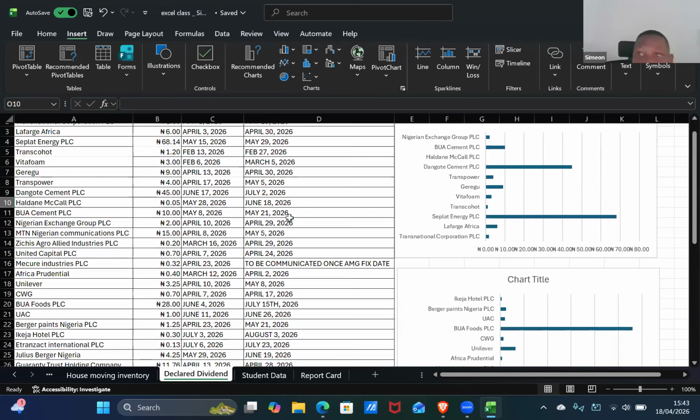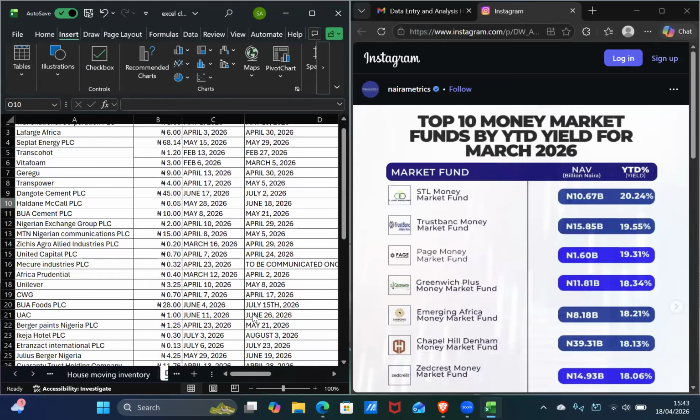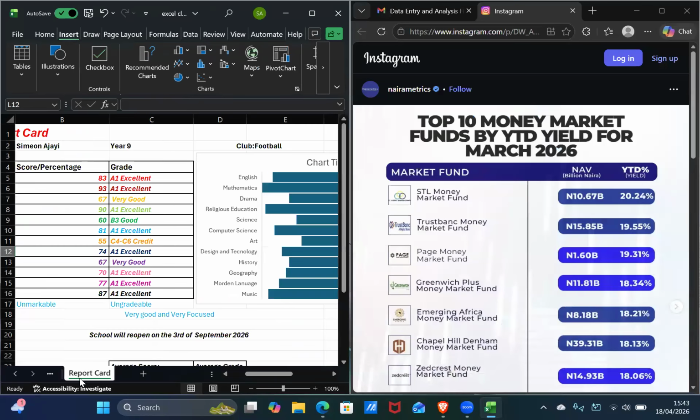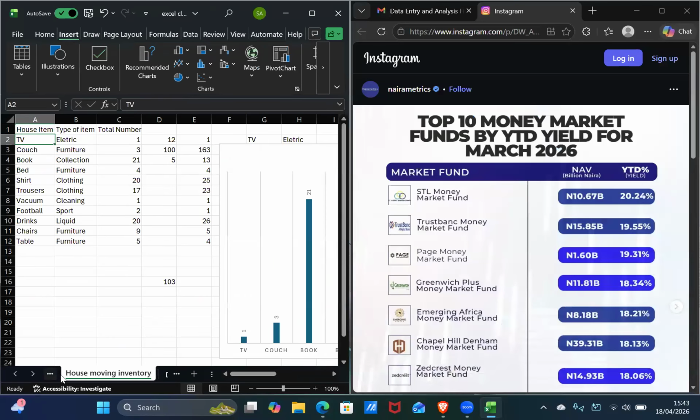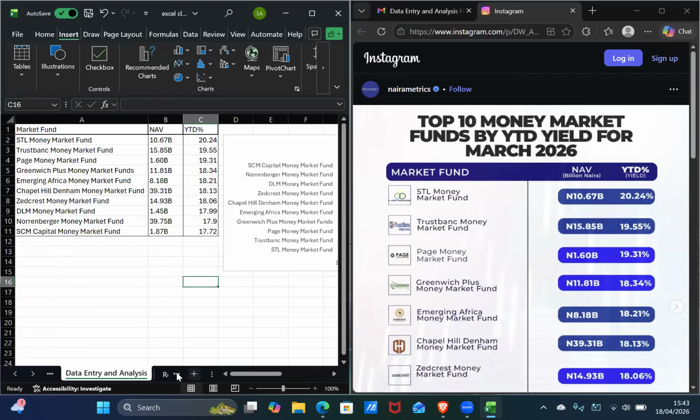Is it not the one that had BPD, money market fund? Yeah, I'm pretty sure. No, you've not done this one. This was the one I sent. But which one is the one I sent? Yeah, look, we've done this one.